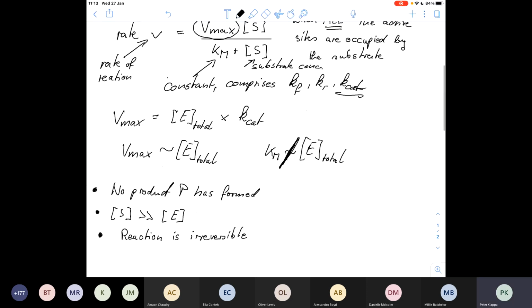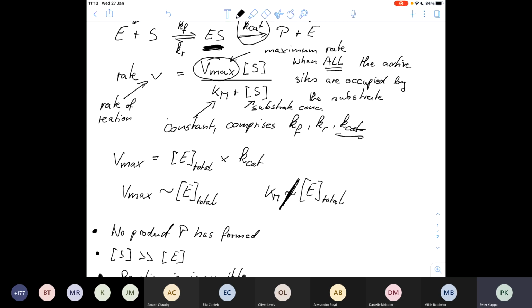So that means it goes only in one direction, like this here. That is a one-way street. So these are the three conditions under which we can apply the Michaelis Menten equation.